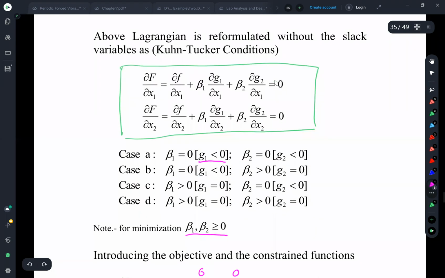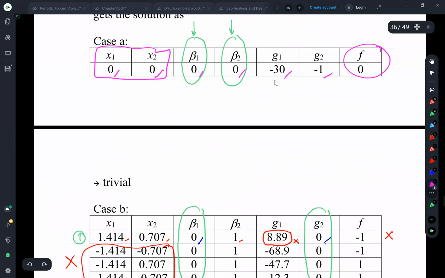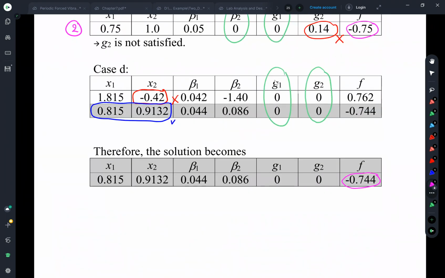The mathematics of this is about the beta. See here, as the solution, you have beta 1, 0.044. You have beta 2, 0.086. So these two betas explain something to me.